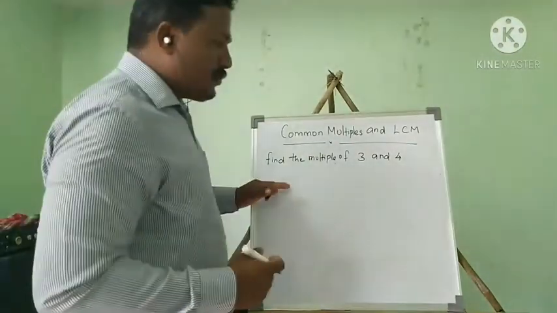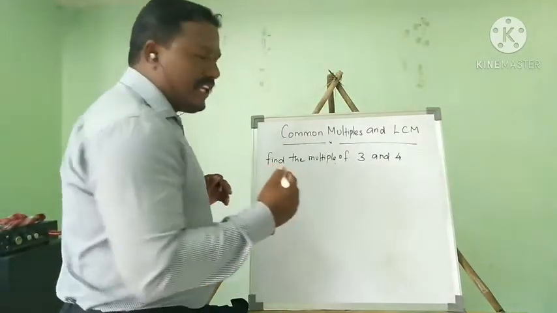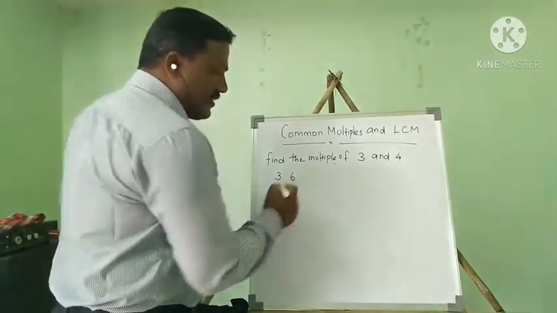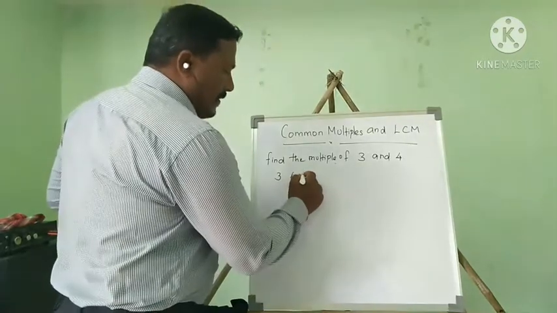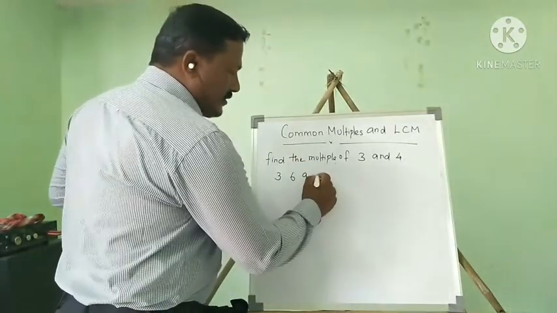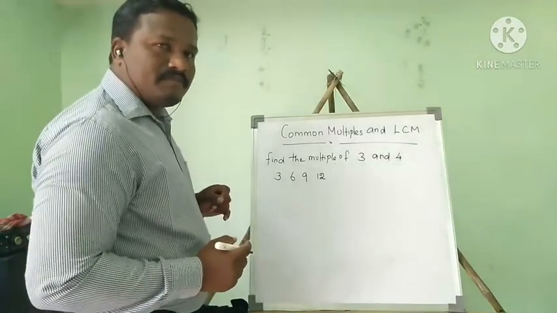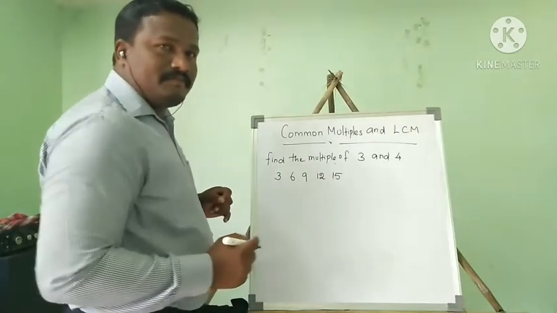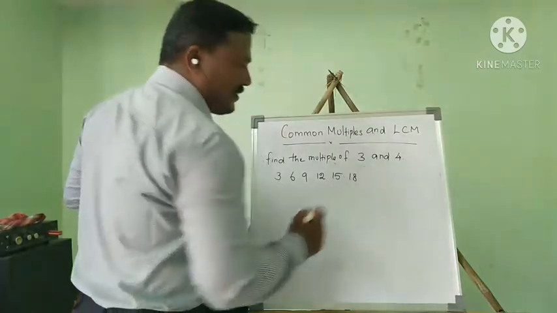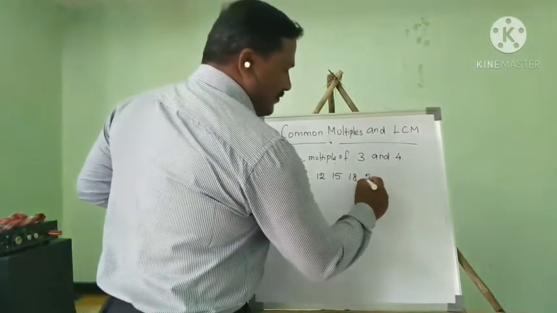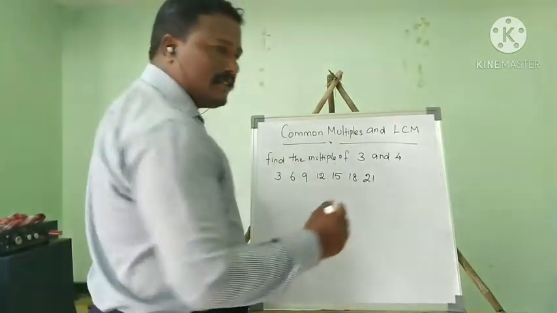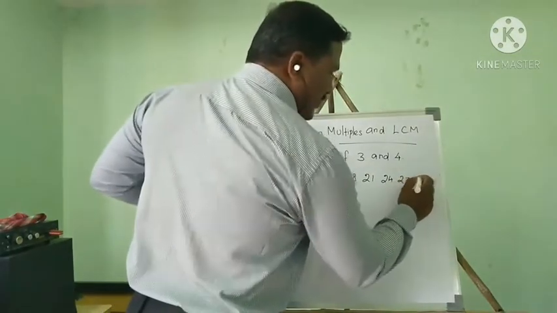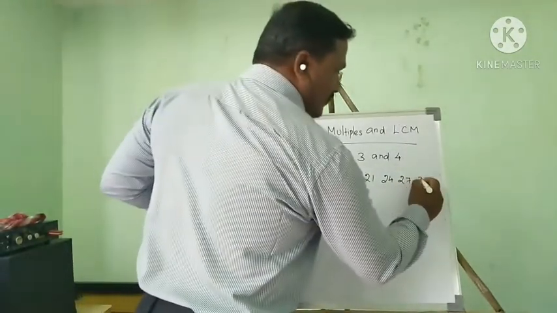Okay, so first I am going to find out the multiples of 3. 1 3 is 3, 2 3s are 6, 3 3s are 9, 4 3s are 12, 5 3s are 15, 6 3s are 18, 7 3s are 21, 8 3s are 24, 9 3s are 27, 10 3s are 30.